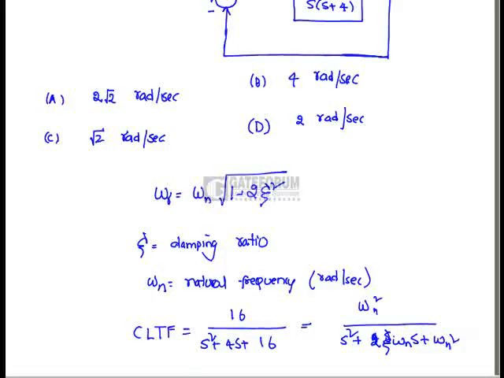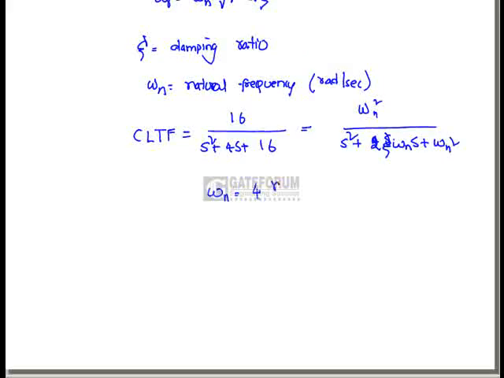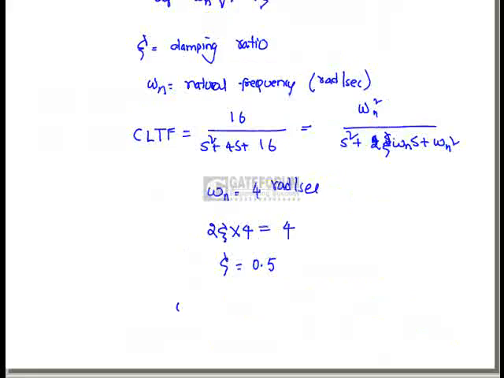From this comparison, we get omega n equals 4 radians per second. 2 zeta into 4 equals 4, so zeta equals 0.5. If we substitute omega n and zeta in equation 1, we get omega r equals 2 root 2 radians per second. Answer A.